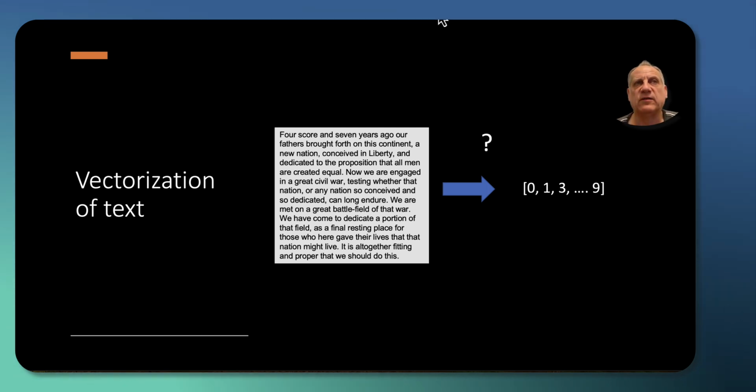Now the problem with text is, of course, it isn't fixed size. It could be long, it could be short, and it's made up of words. How do we represent this as a bunch of numbers in a consistent way?